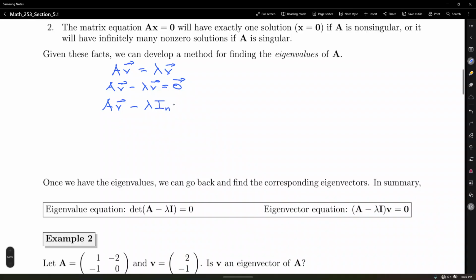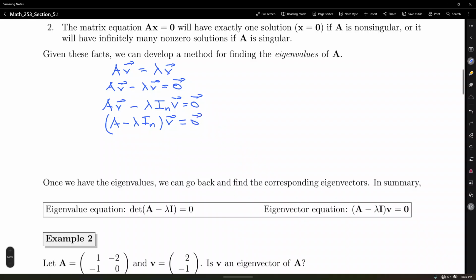By multiplying by the identity matrix I sub n. Let that be equal to the zero vector. And finally, I will factor out v. So A minus lambda I sub n times v equals the zero vector.